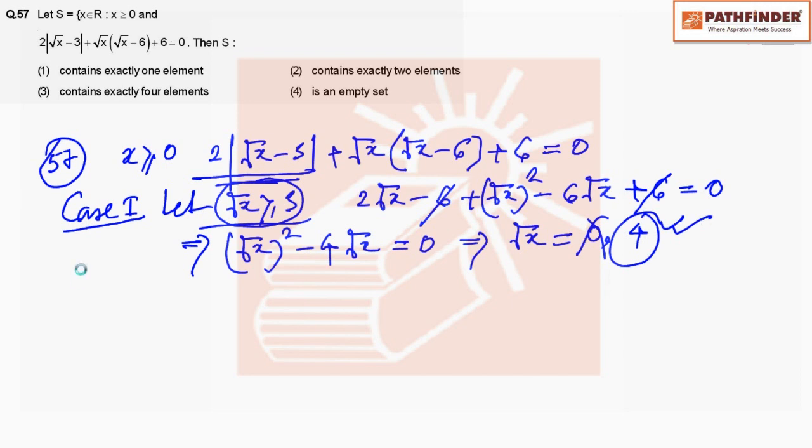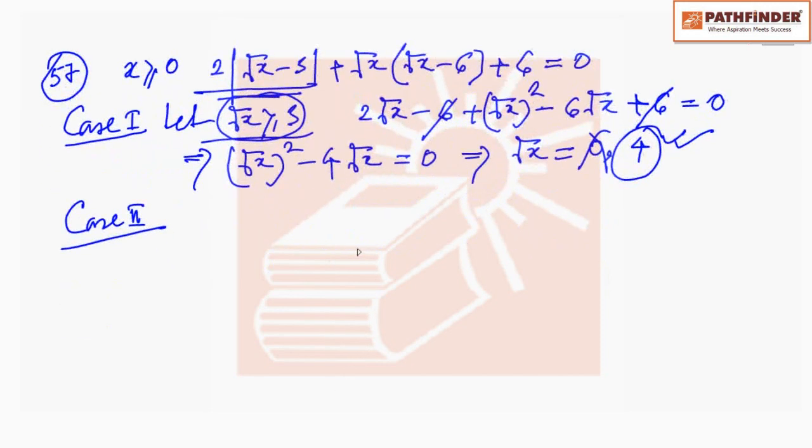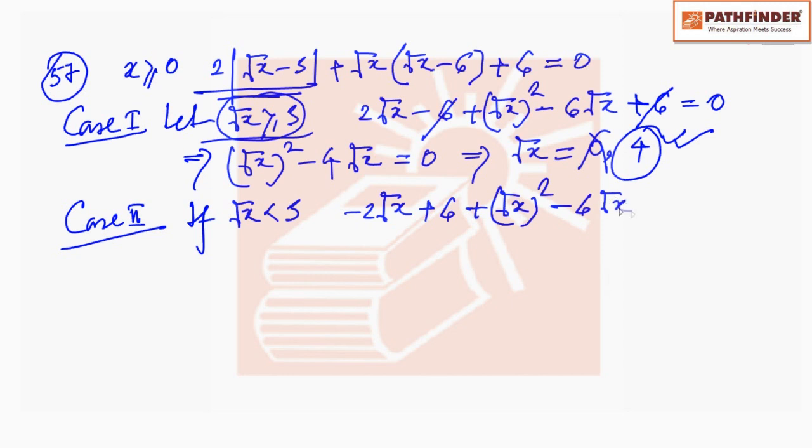Now again case 2, if root x is less than 3, then this becomes minus of 2 root x plus 6 plus root x square minus 6 root x plus 6 equal to 0.